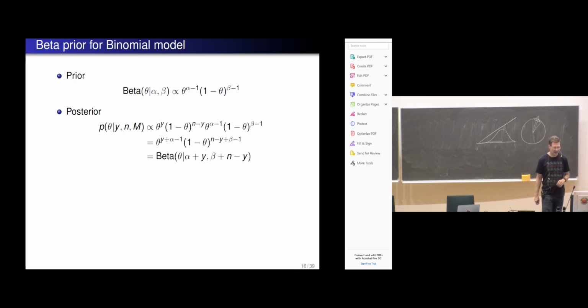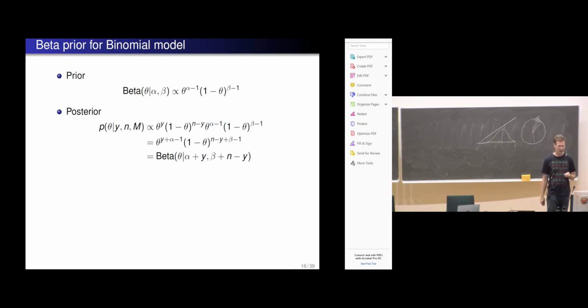And then when we write it in this beta form and the specific arguments for the beta prior, we get alpha plus y and beta plus n minus y. When we had the uniform prior, we had y plus 1, so alpha was 1, and we had n minus y plus 1, so beta was 1.